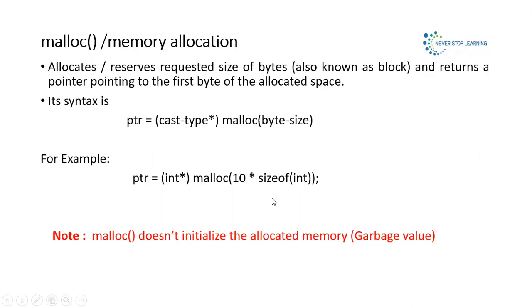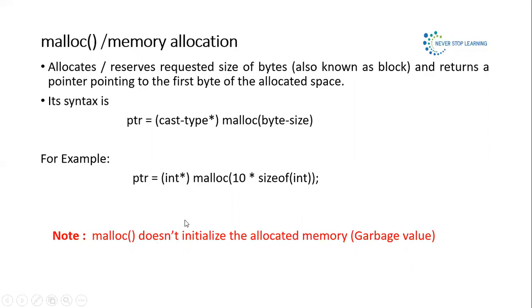So here, 10 into size of integer. Since the size of integer is 4 bytes, this statement will allocate 10 into 4, that means 40 bytes of memory dynamically at runtime. Now, this ptr will hold the address of the first byte in the allocated memory.